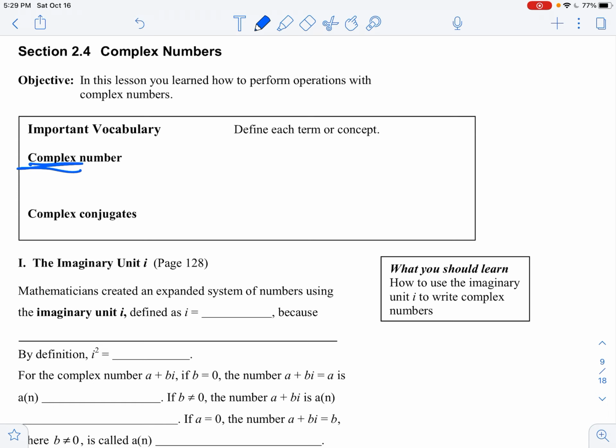Remember that a complex number has this form a plus bi, where a is the real component and b, which is a real number, times the i, which is the imaginary number. So again, this is the real component, and this is the imaginary component.